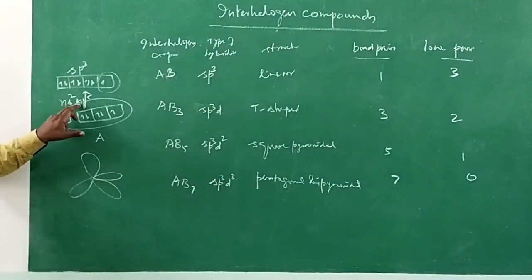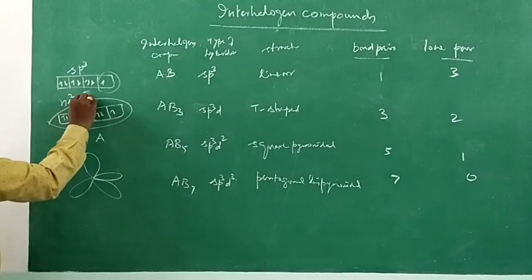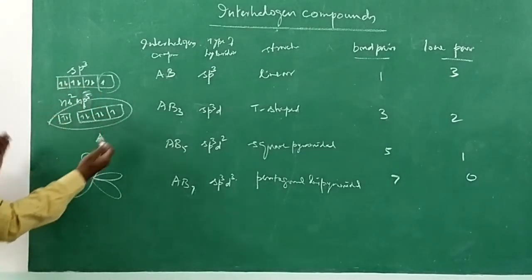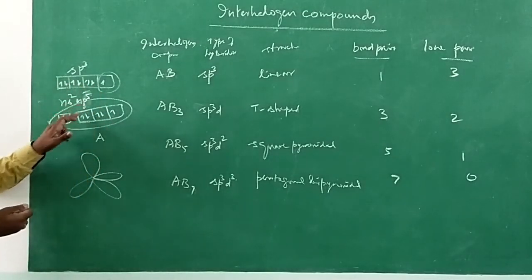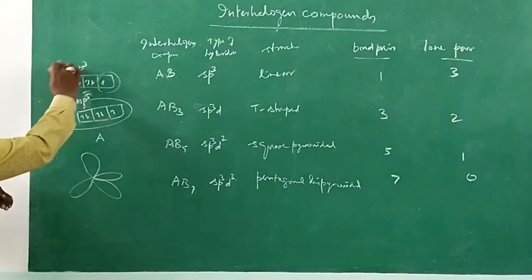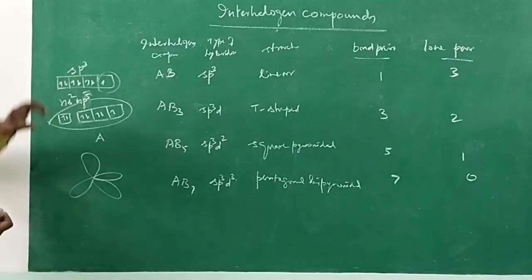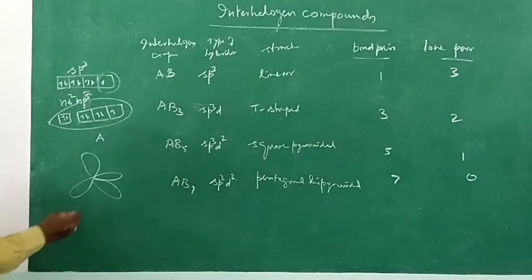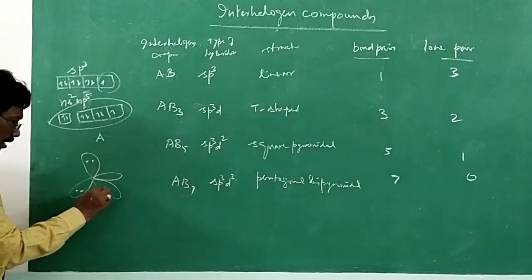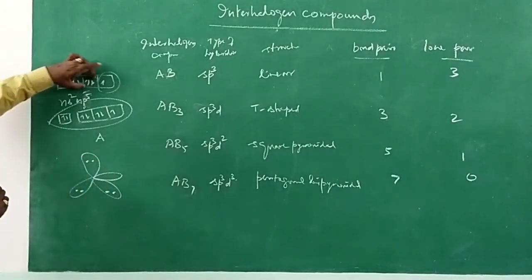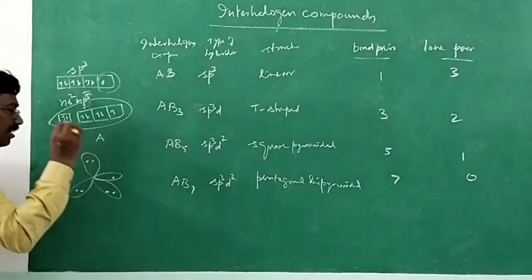Electronic configuration ns2 np5. When 1 s orbital and 3 p orbitals get mixed, you will get sp3 hybridization. In sp3 hybridization, the 3 lone pairs are not involved in bond formation, only 1 electron, the odd electron.